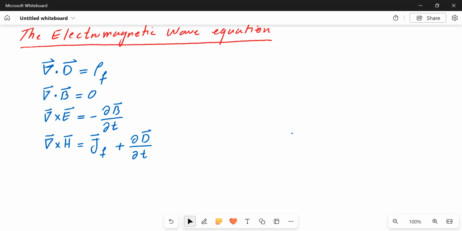Each of these equations has its own history. In fact, the theory of electromagnetism was scientifically and accurately developed in the 18th and 19th century.